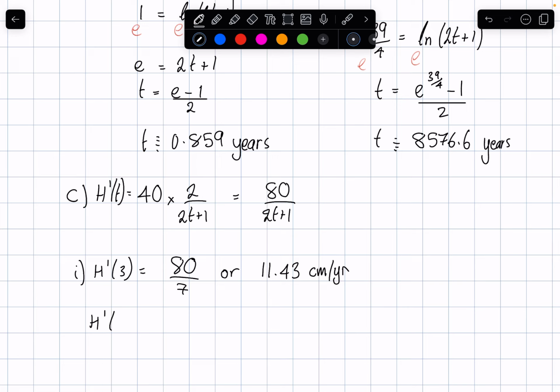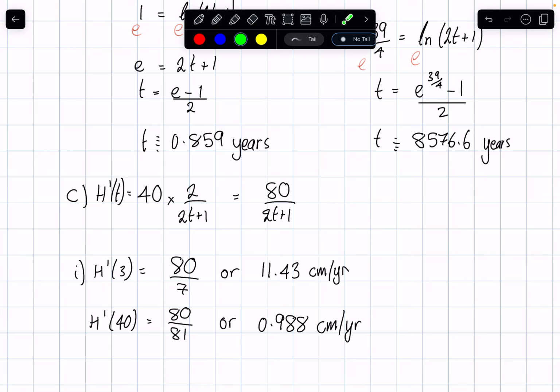And then h dash of 40 is equal to 80 over 81, or as a decimal, 0.988 centimeters per year. So you can see the rate of growth over time gets significantly less as we move through.